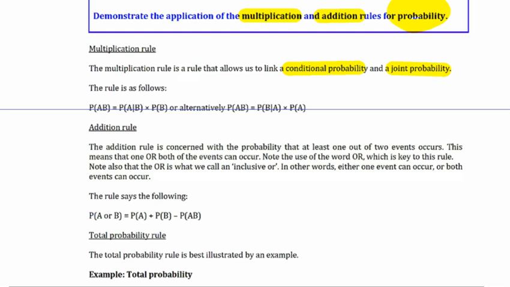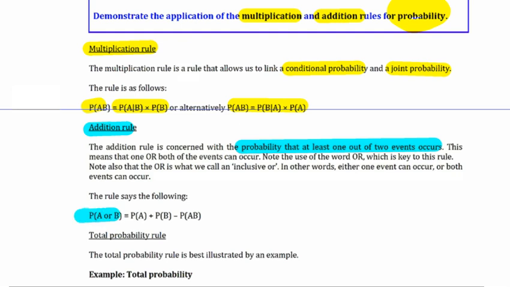Here's your formula. We're going to talk more about those. I just want to handle addition. I'm going to change color so we can keep them quite distinct. The addition rule talks about the probability of at least one of two events occurring. This rule asks, what is the probability of A happening or B?